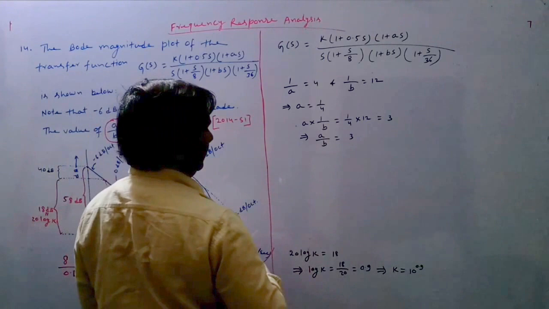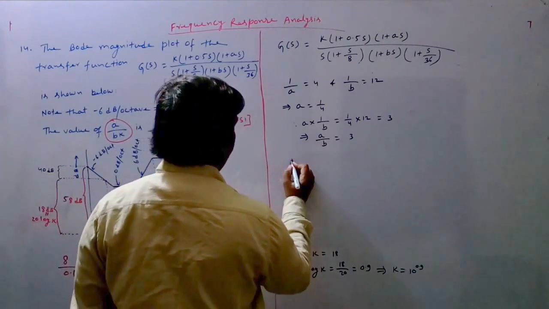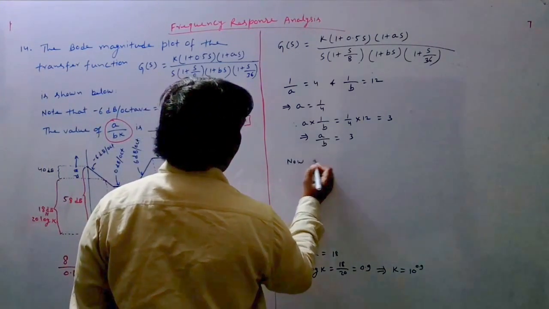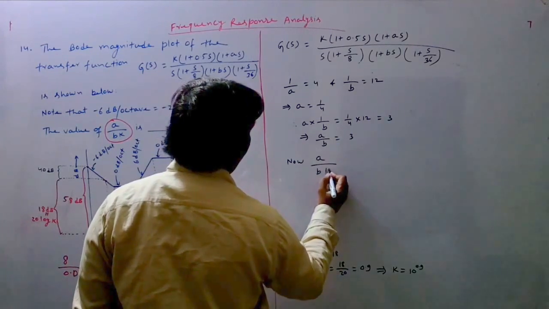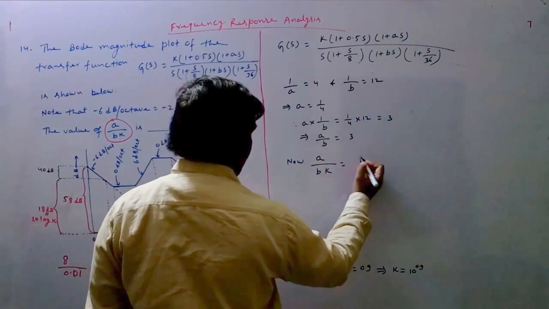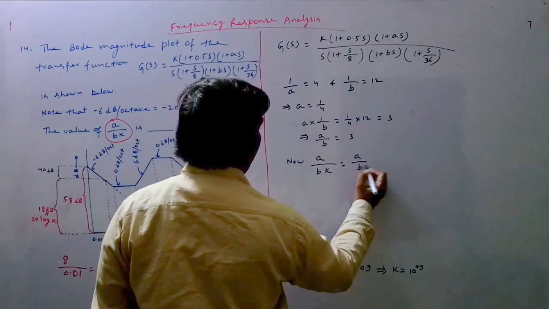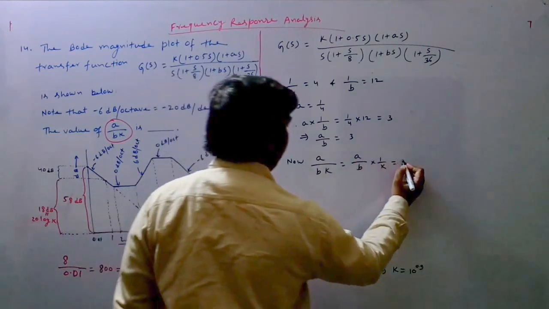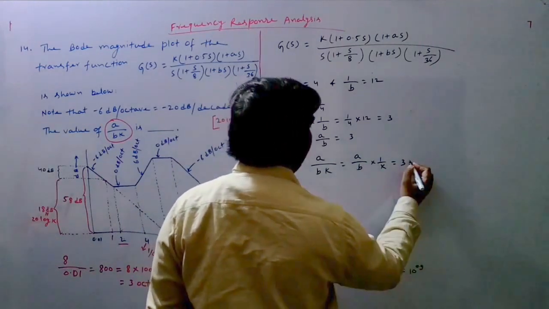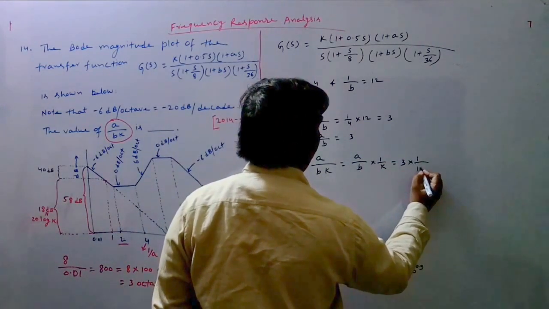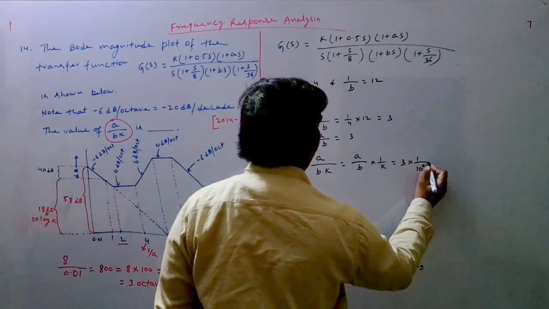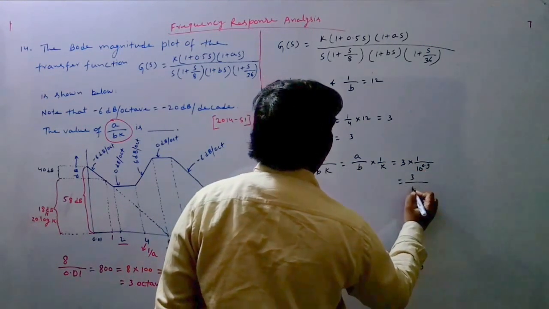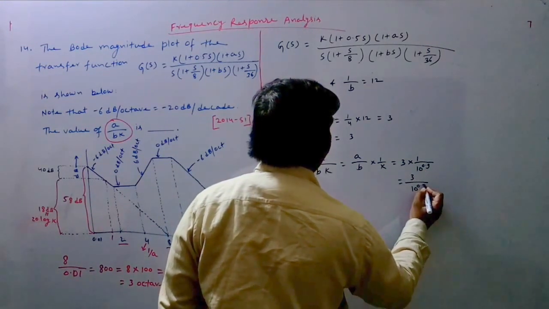So a by bk, we can write as a by b multiplied by 1 by k, and a by b is equal to 3, multiplied by 1 by 10 to the power 0.9. So it will be equal to 3 by 10 to the power 0.9.